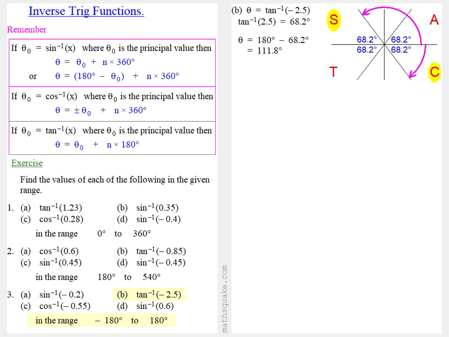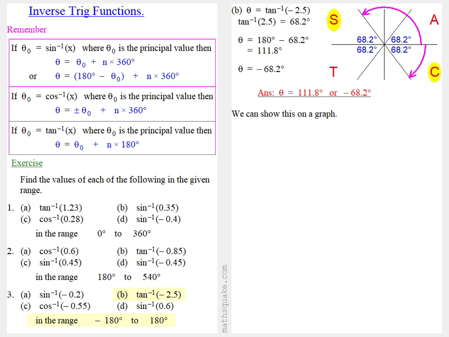If we go clockwise from the x-axis to the diagonal at C, that gives us an angle of minus 68.2 degrees. So theta can take two values, that's 111.8 degrees or minus 68.2 degrees.